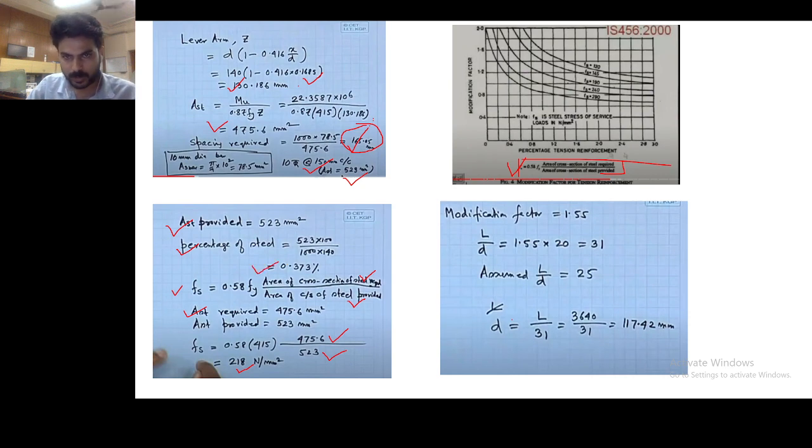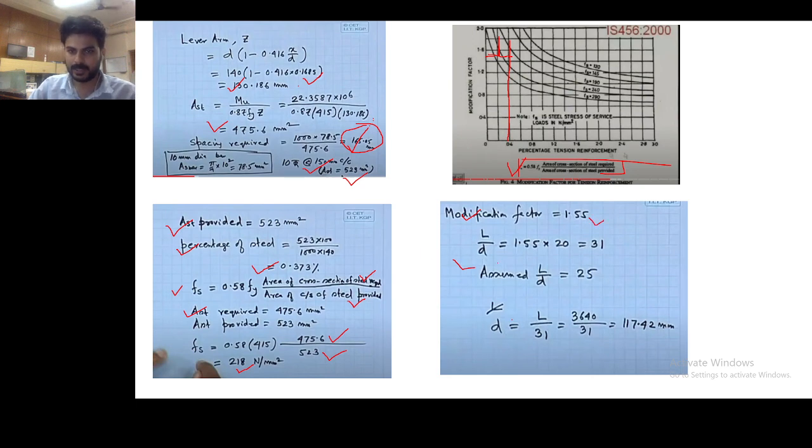So around 0.4 we will see it here, and between these two, between this here we will come. So it will come less than 0.66. So the professor has taken the modification factor as 1.55.